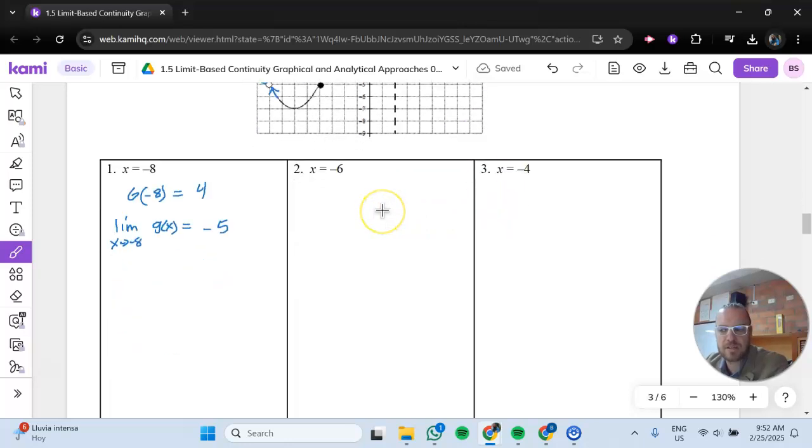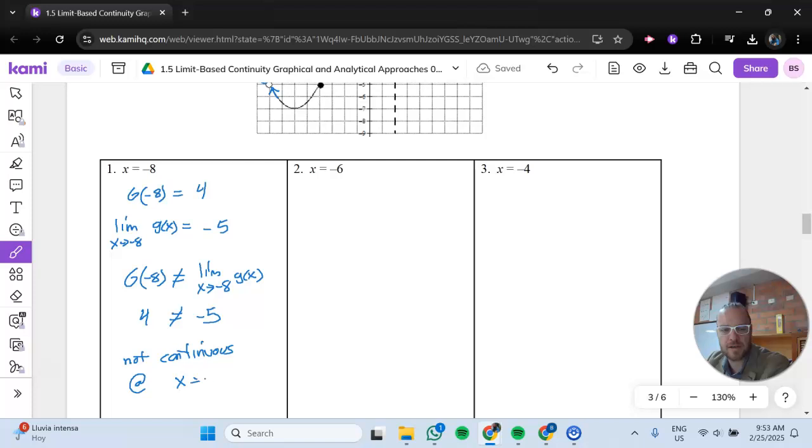Therefore, we can see here it's going to fail the third one because g of -8 does not equal the limit as x approaches -8 of g of x. Why? Because, well, 4 does not equal -5. Therefore, it's not continuous at x equals -8.